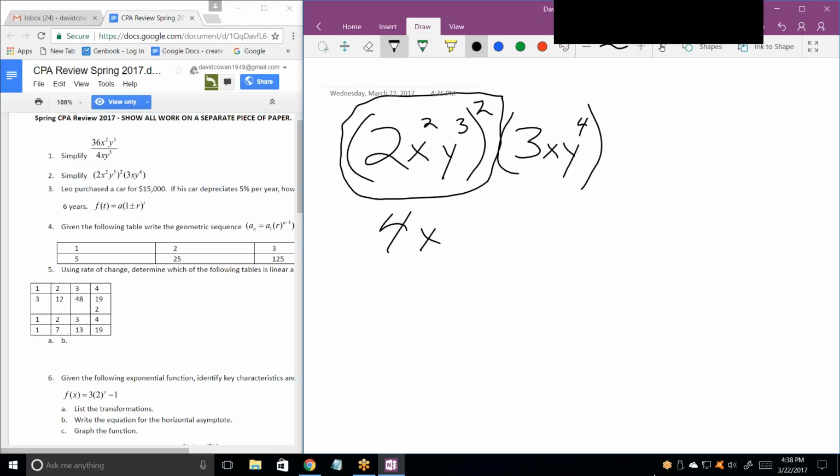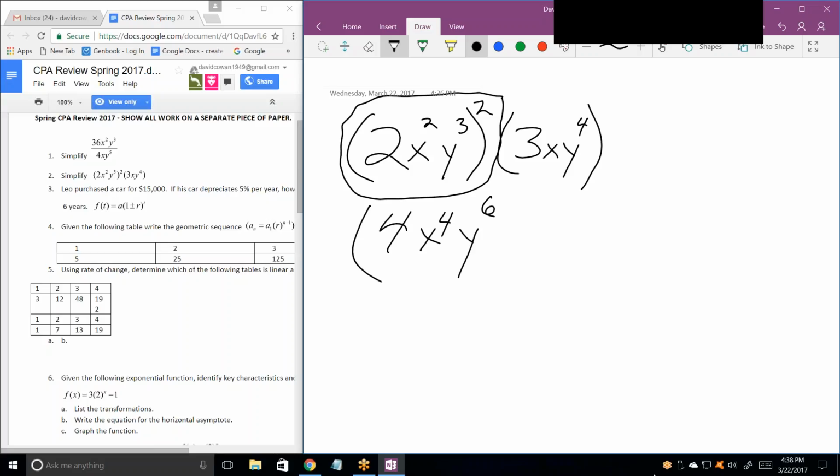Okay? Where I've got a small exponent and then the whole thing is being taken to another exponent. That's why I call it double exponentiation. Well, when you're doing double exponentiation, you multiply exponents. So that becomes x to the 4th. And what's the y thing become? Y to the 6. Okay.